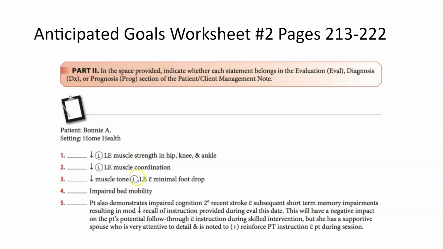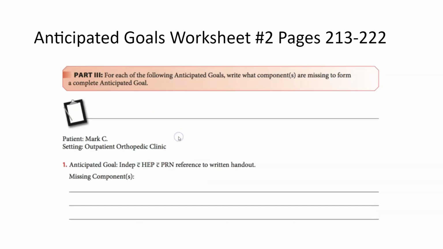For the second part, you have some different components as far as anticipated goals or expected outcomes, and you're going to identify in which section this might be most appropriately identified: either the evaluation, diagnosis, or prognosis.